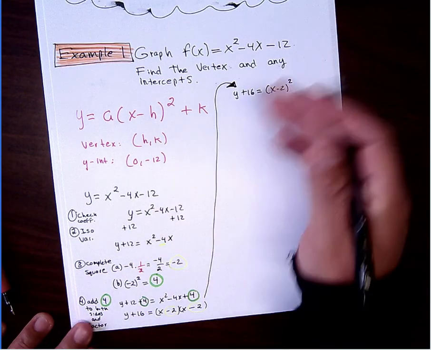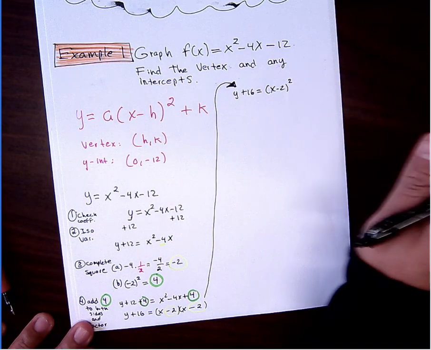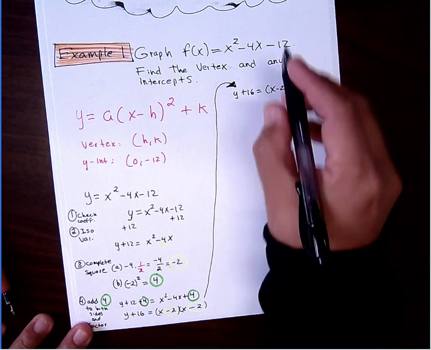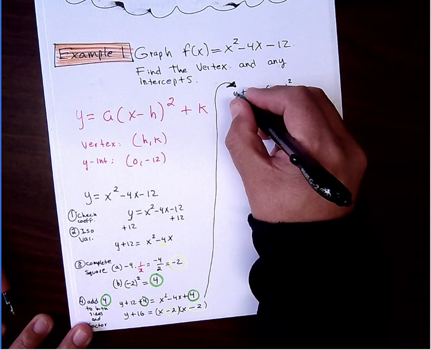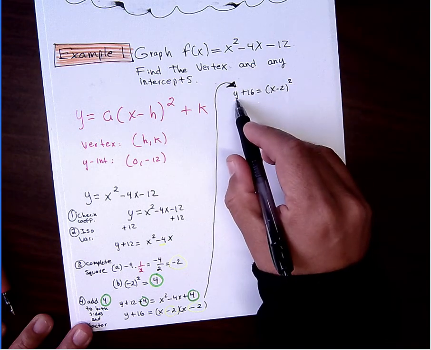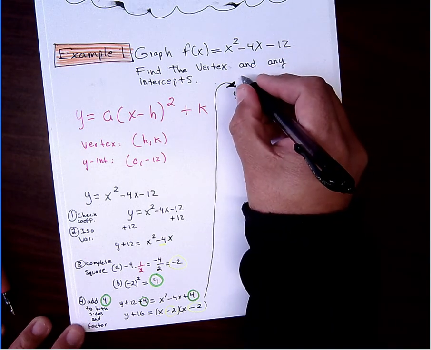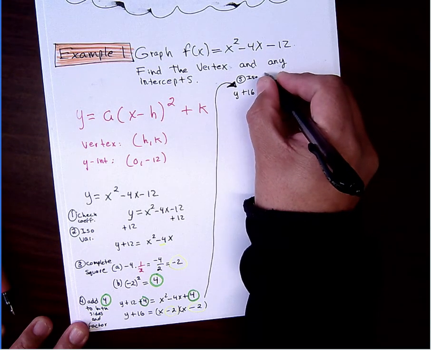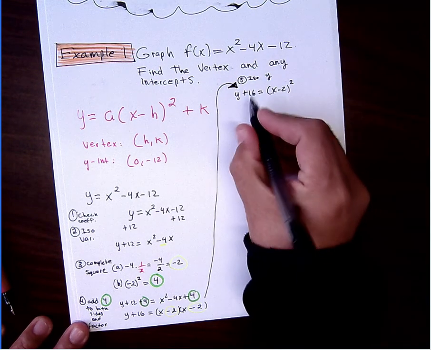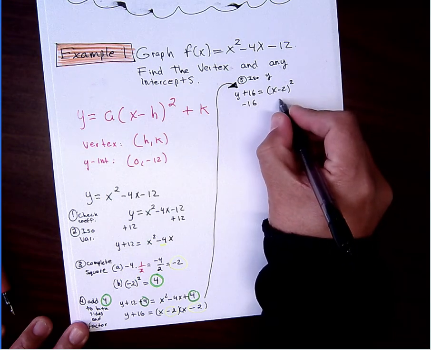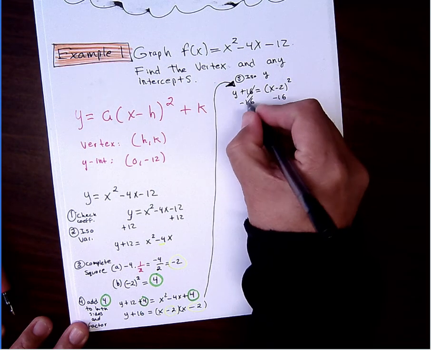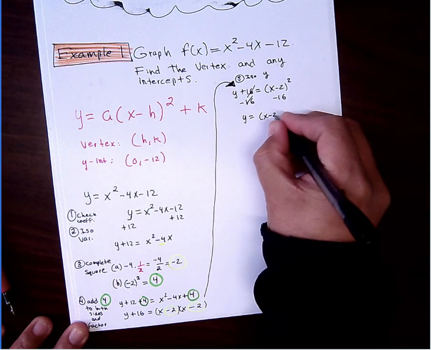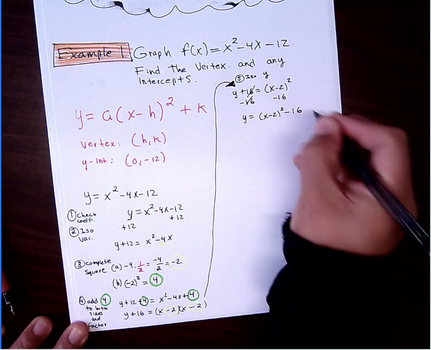So step 5 doesn't apply to this one. We don't solve, well, not solve for y, but we try to isolate y. We isolate the y now, so we bring the 16 to this side. y equals (x minus 2) squared minus 16.